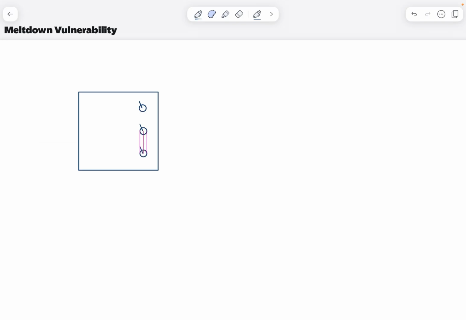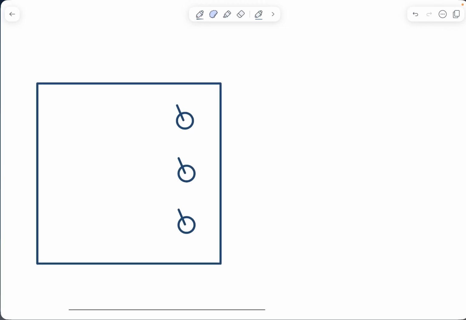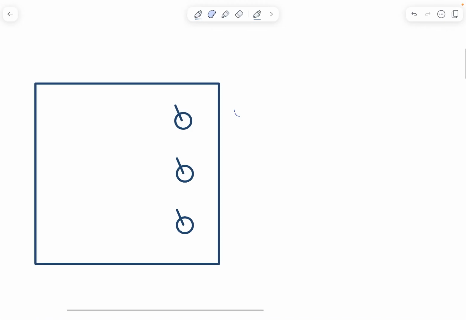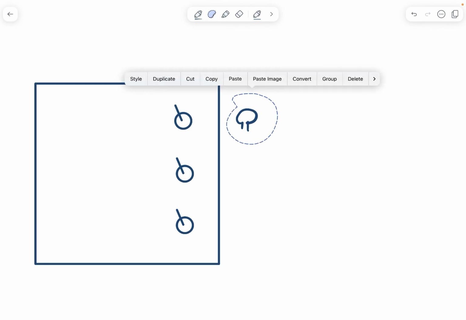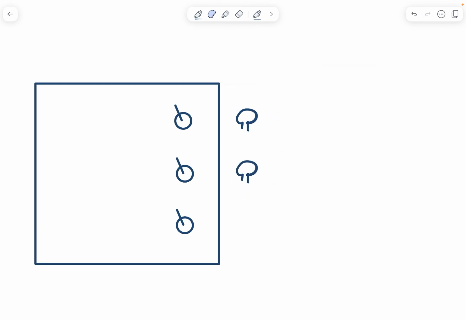And there we are. We've got 3 switches, and we also have 3 light bulbs. Okay, so this is light bulb 1, this is light bulb 2, and this is light bulb 3.